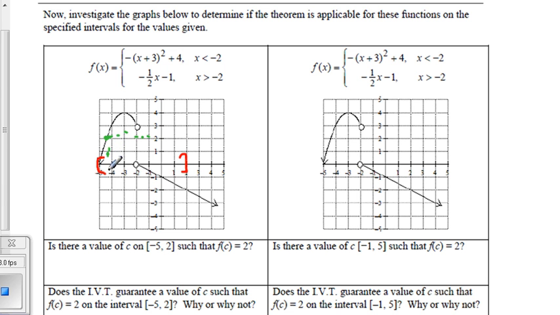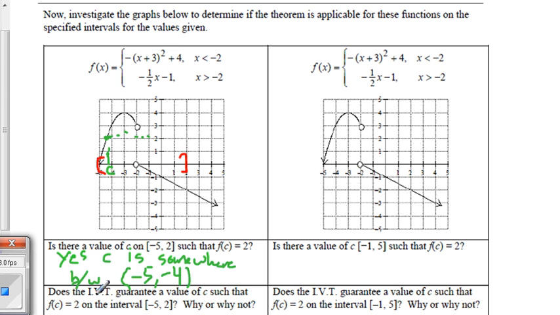And again, they're asking, is there a value c? So we can now say yes, and I don't know exactly where, but I'm just going to put c is somewhere between negative 5 and negative 4. All right, let's answer the next question.